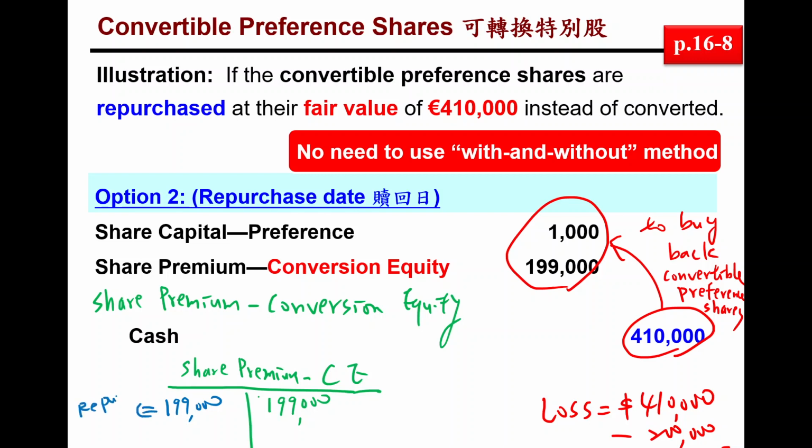Repurchase. If we assume we don't have other numbers, we have only these two numbers, then today I decrease, I debit $210,000. In the end, you will find the balance is $210,000, which appears on the abnormal balance. What's an abnormal balance? Usually, the last number should appear on the normal balance.